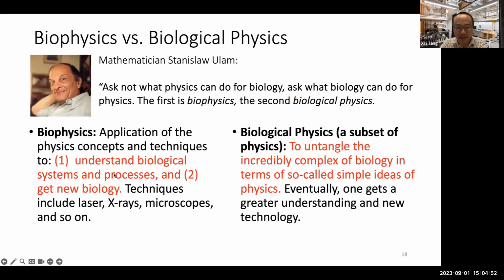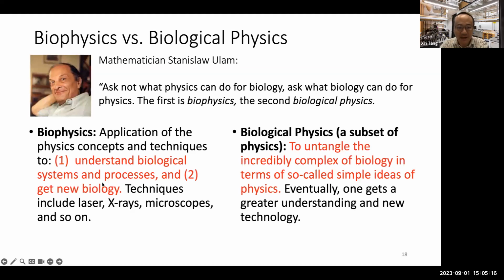We also talked about the subtle difference between biophysics and biological physics, right? For biophysics, they use those tools to understand the biological system and learn new biology, meaning to get new insights that were previously inaccessible, previously unknown.